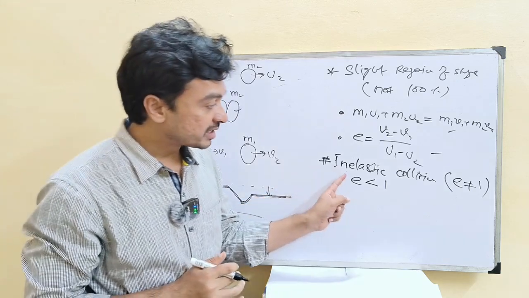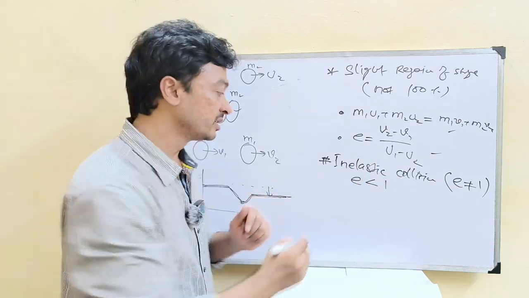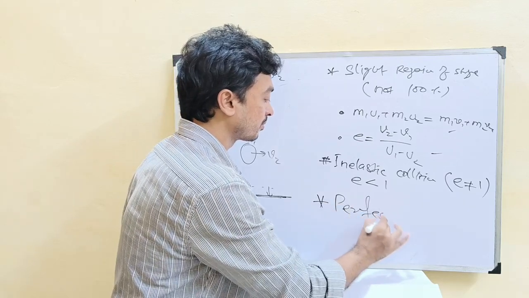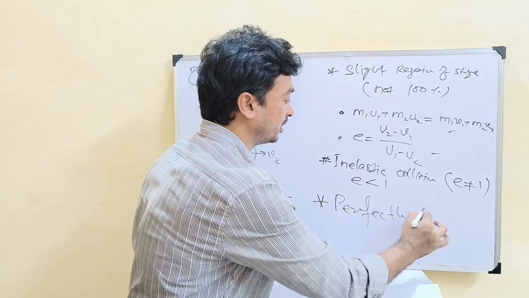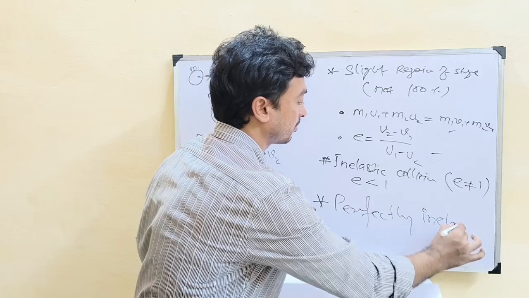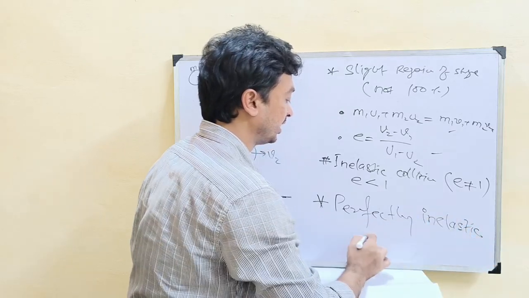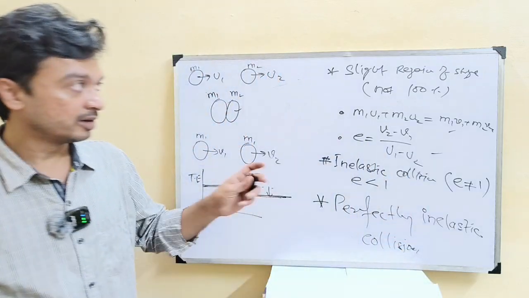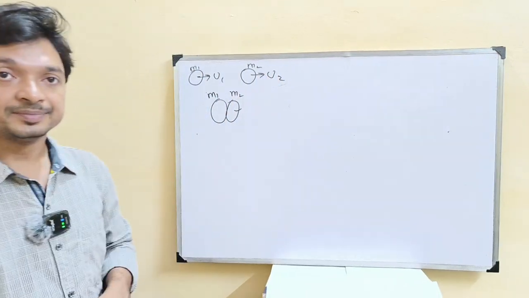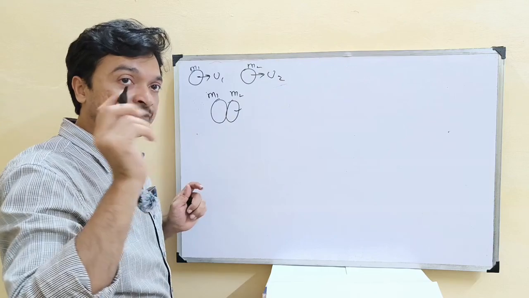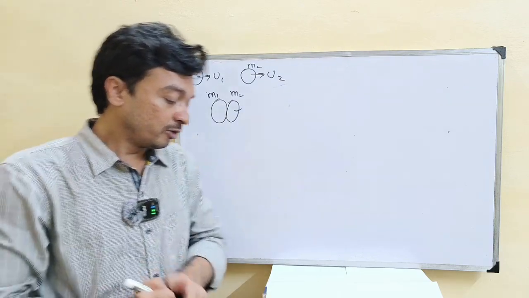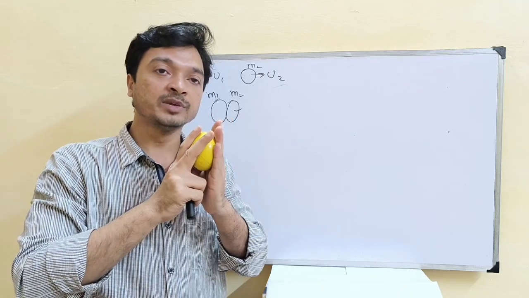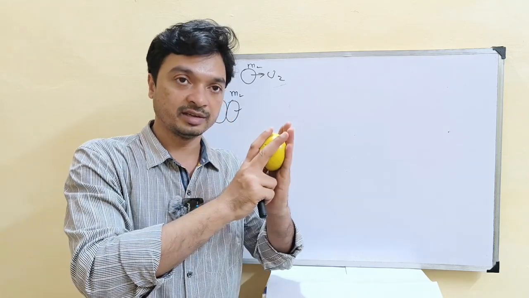Now let's see a special case of inelastic collision, that is perfectly inelastic collision. If the collision is perfectly inelastic, that means whatever deformation was there at the time of collision, the maximum deformation, will remain there.